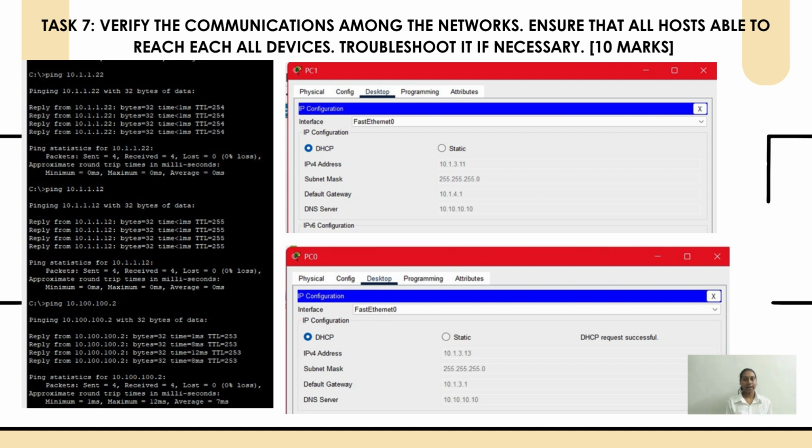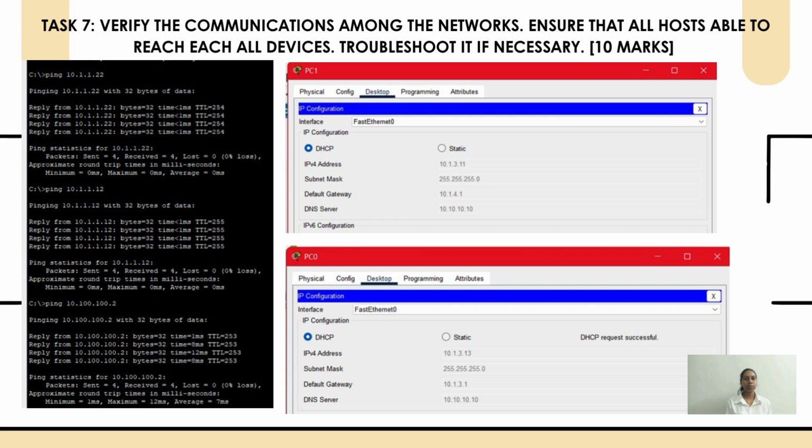Now let's verify network communication, the testing phase, to ensure all the configured devices can communicate with each other. A successful ping from the ICT router to 10.1.1.22 and 10.1.1.12 shows direct connectivity with no loss.